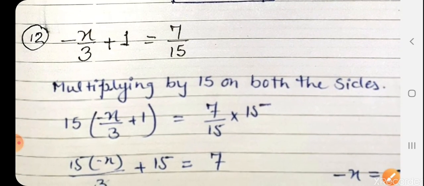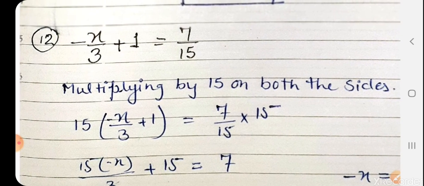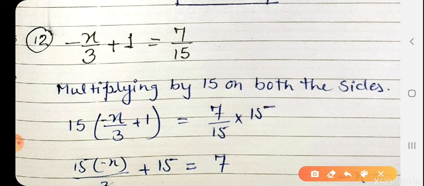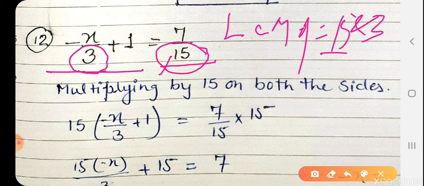Now the next question of our exercise. Minus x upon 3 plus 1 is equal to 7 upon 15. See here it is not in simpler form. What we have to do, we have to multiply with the LCM of 15 and 3 on both the sides.